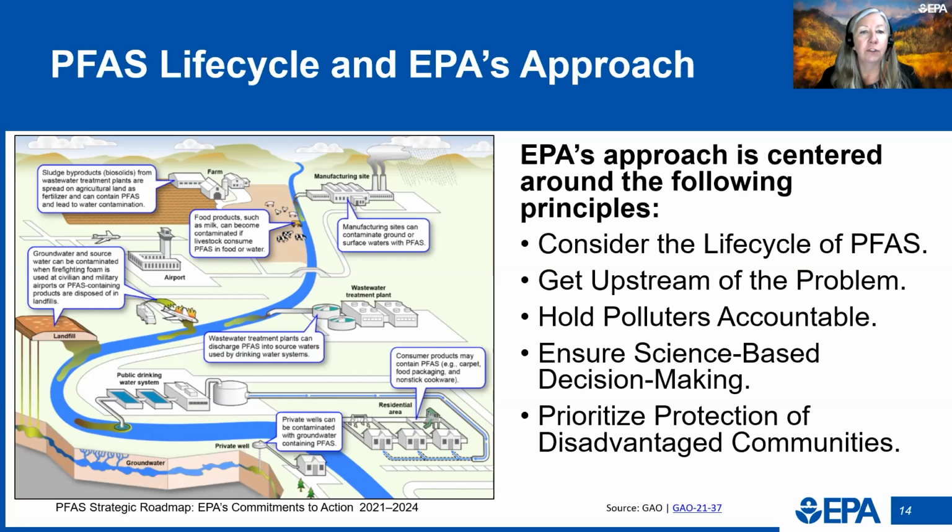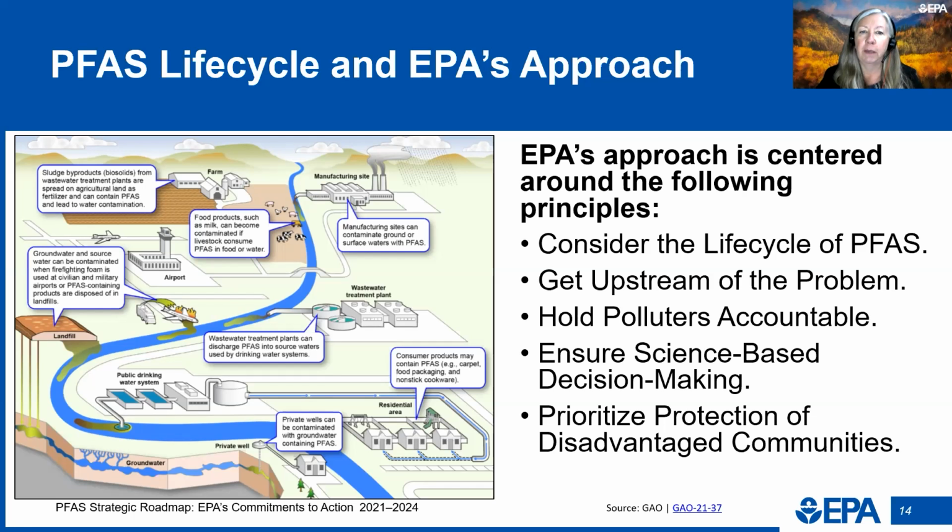These include discharges of PFAS pollution from manufacturing facilities, discharges of PFAS containing firefighting foam, PFAS entering wastewater treatment facilities from upstream sources, and PFAS applied to agricultural fields as a component of biosolids. Biosolids is a term we use for the solid organic matter that's left over from wastewater treatment process. Through these significant and diverse pathways, PFAS contamination presents unique challenges.